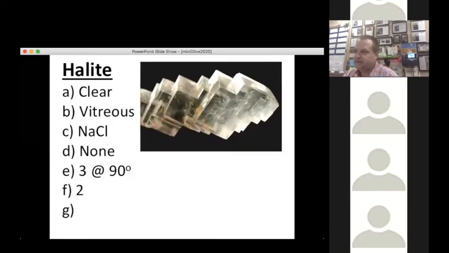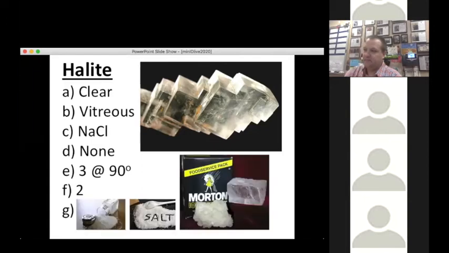Here are the answers. So the first one I gave you was halite. Halite is, its color is clear. Its luster, B, was vitreous. Light can pass through. Now I asked you something new yesterday.